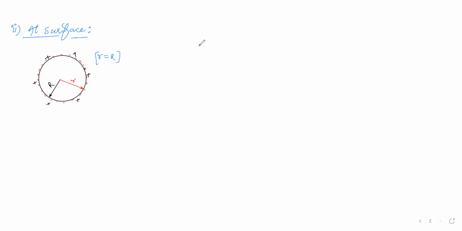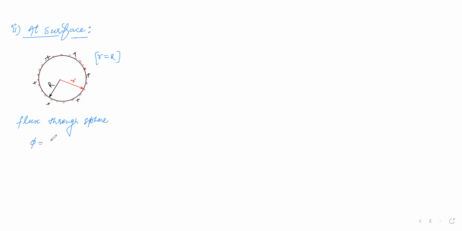It calculates flux. Then with the help of that flux, you can calculate electric field. Are you clear? Yes, sir. So in the first step, we should calculate flux through a sphere.